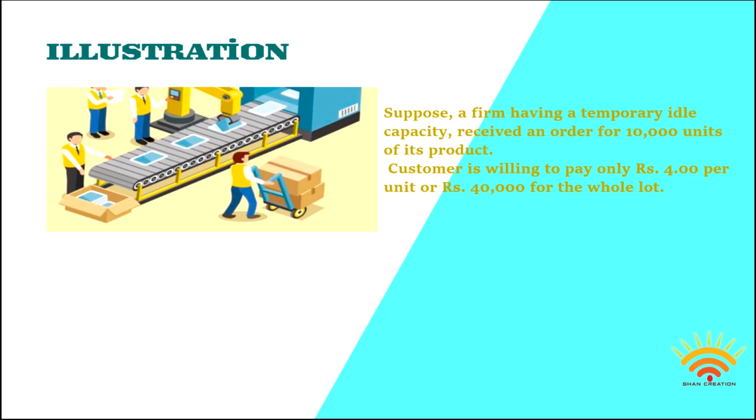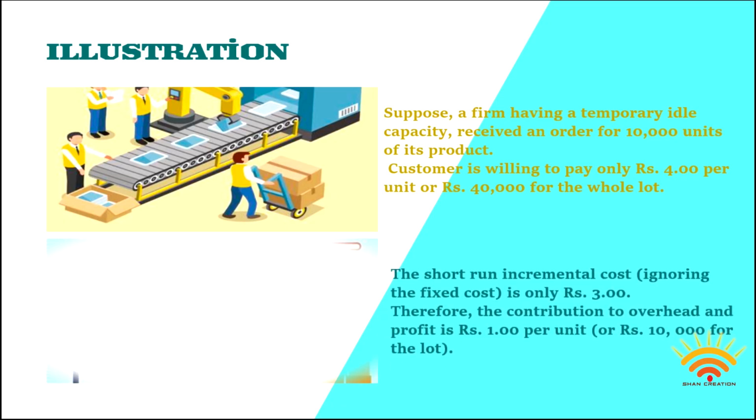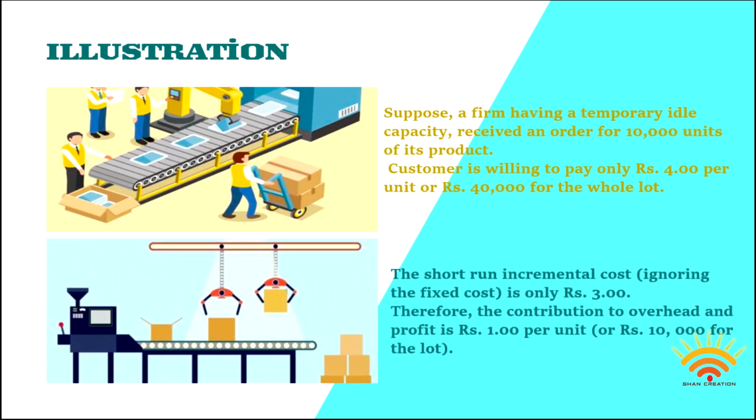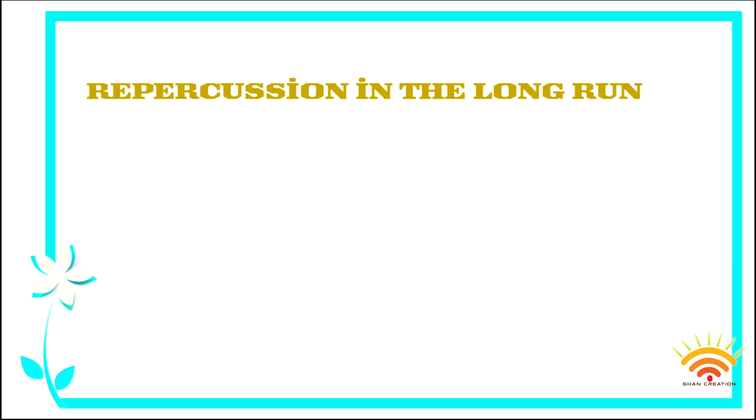The short run incremental cost, ignoring the fixed cost, is only 3 rupees. Therefore, the contribution to overhead and profit is 1 rupee per unit or 10,000 for the lot. If the firm executes this order, it will have to face the following repercussions in the long run. It may not be able to take up business with higher contributions in the long run.